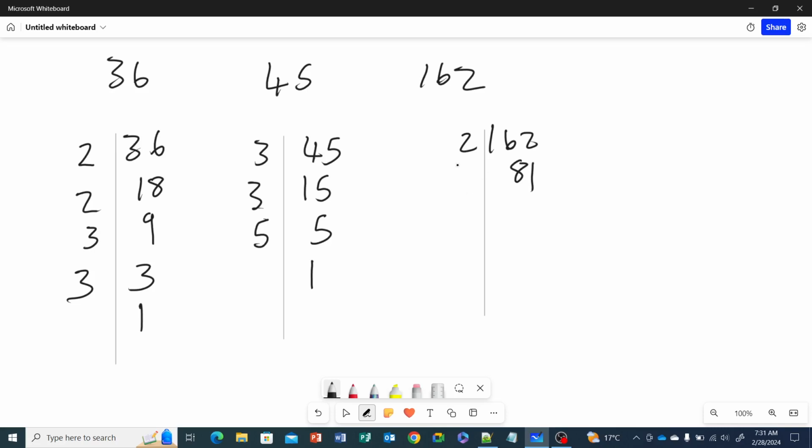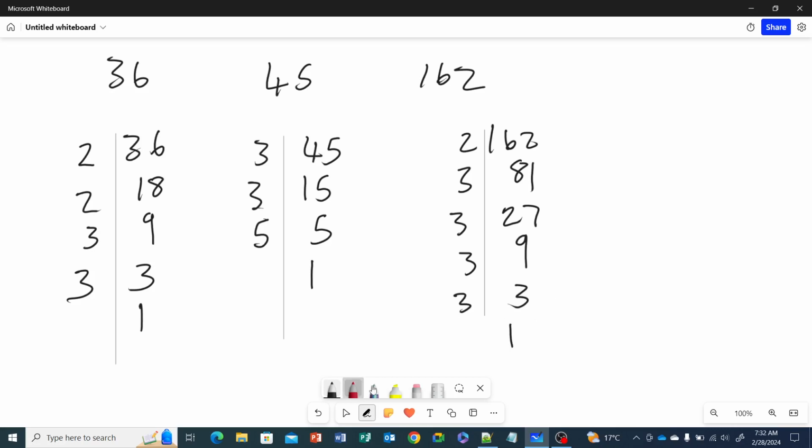So it's divisible by 3, then we get 27. So 27 is also divisible by 3. We get a 9. 9 is divisible by 3. We get a 3, which is also divisible by itself as a prime number, and we get a 1.